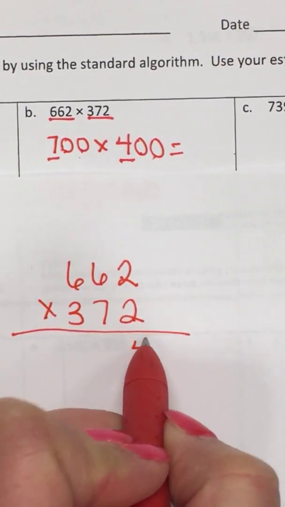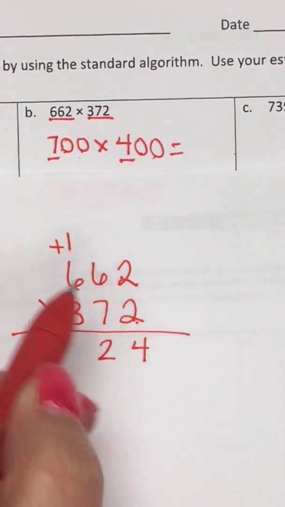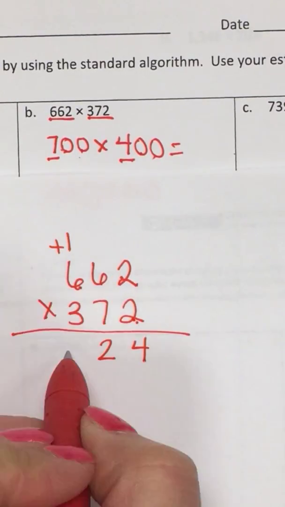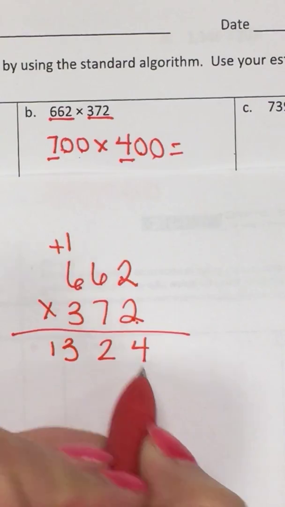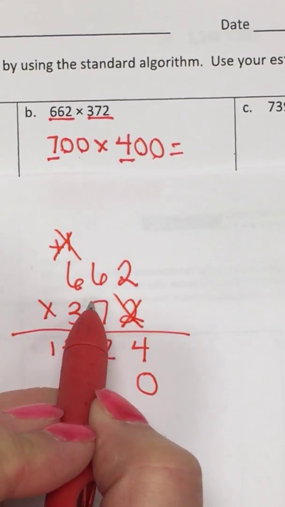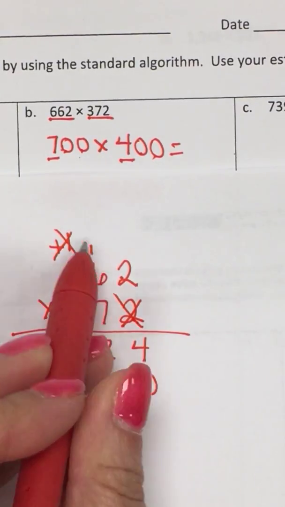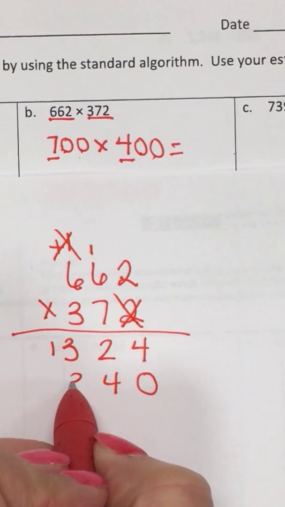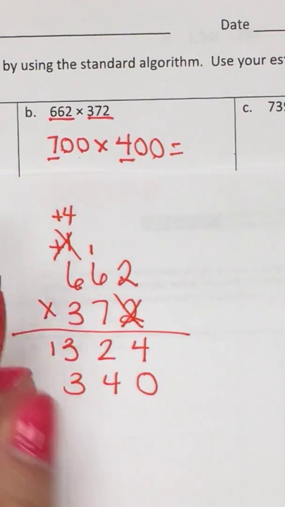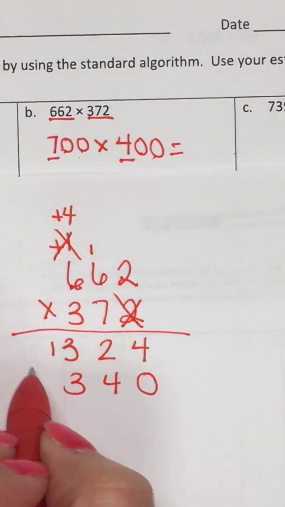2 times 2 is 4. 2 times 6 is 12. 2 times 6 is 12, plus 1 is 13. Cross off, 0. 7 times 2 is 14. 7 times 6 is 42, plus 1 is 43. 7 times 6 is 42. Plus 4 is 46.